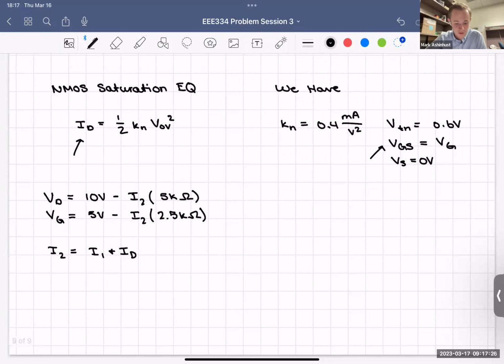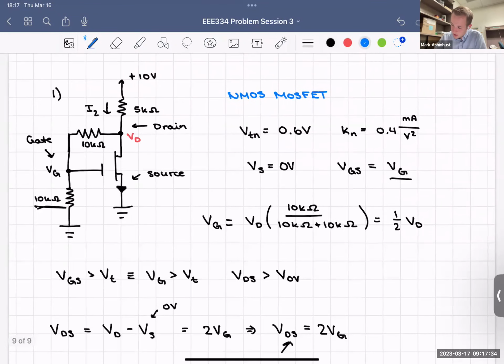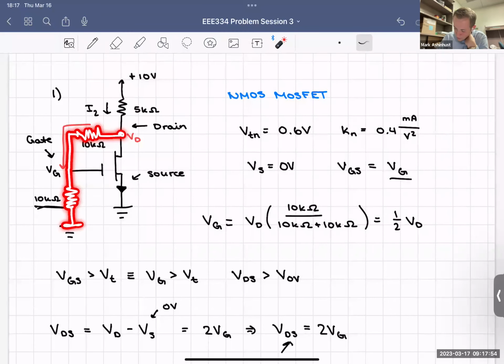So we have things going in terms of ID. Well, what is I1? What's that current that we're going to get coming down here? We could follow it all the way to ground from VD. We start at VD here, we go through a 10 kilo ohm resistor, remember that, we go through another 10K and then down to ground.